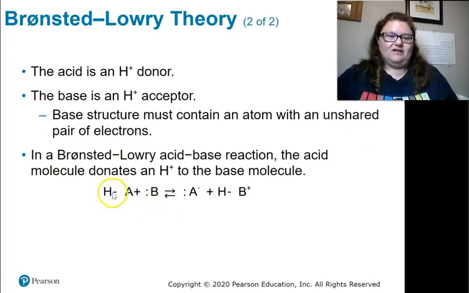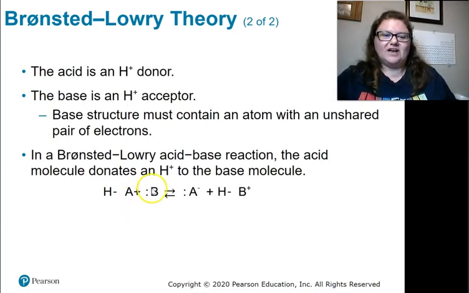And we have here a hydrogen associated with a positive A molecule. We have a B for our base, where we see a lone pair there, that double dot. And so what happens? Now the H goes with the B, and then the A is left as an anion with a lone pair.